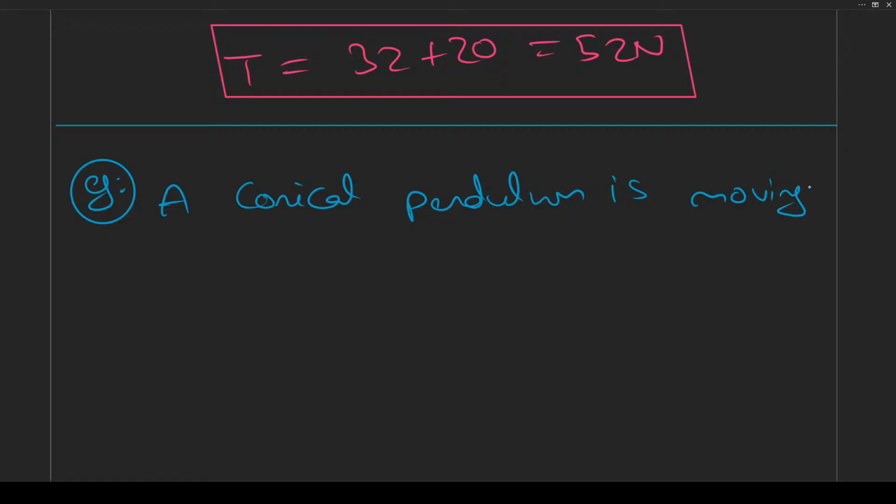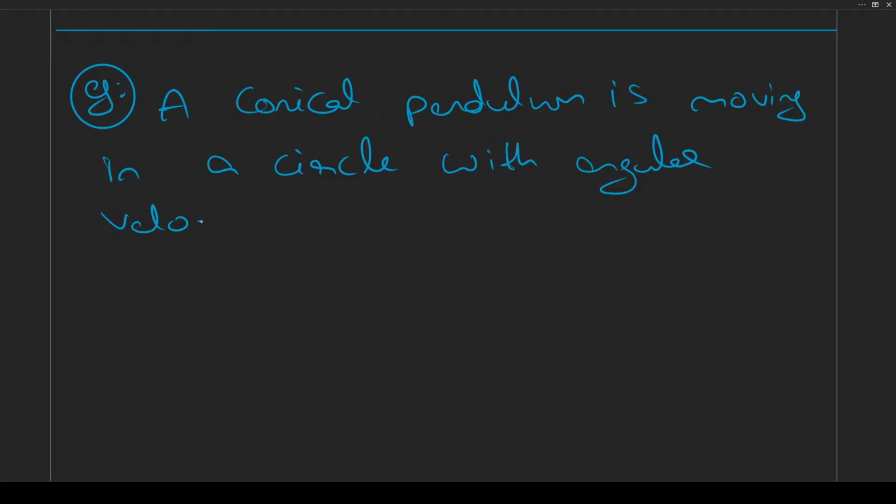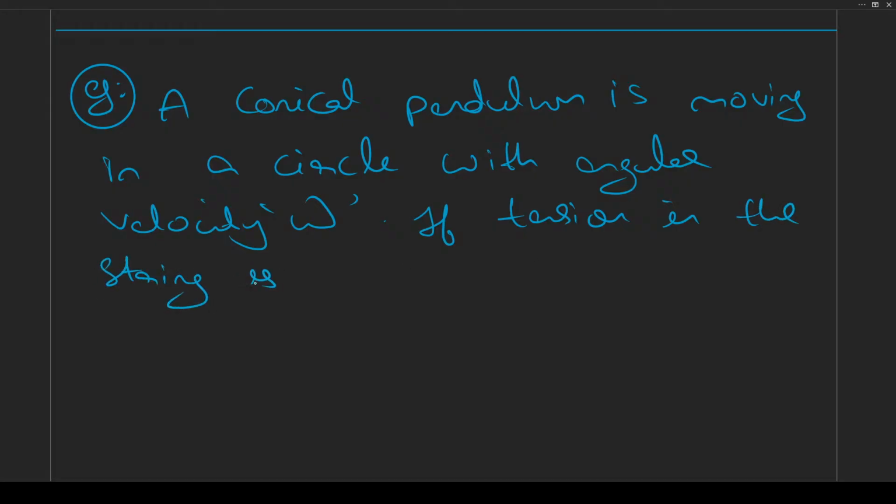A pendulum is nothing but a bob that is connected to the end of a string, same as we saw before, but a fancy way of saying it, in a circle with angular velocity omega. If tension in the string is T, which of the following equations is correct?